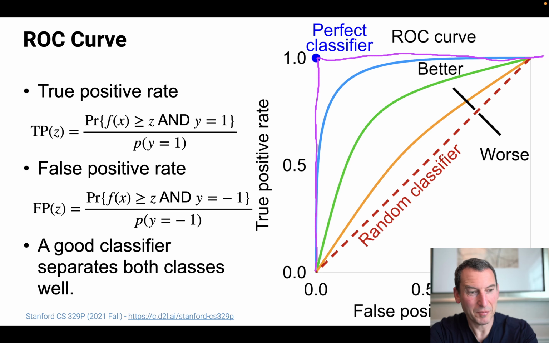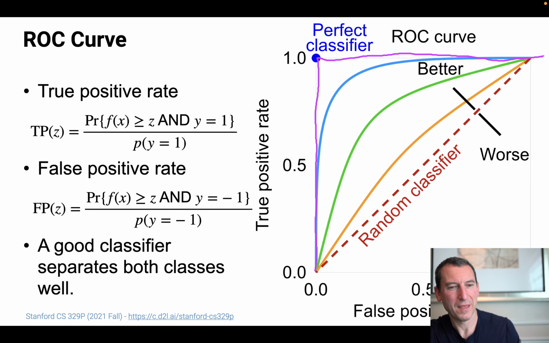You divide by the number of negatives there, because if you were to divide by the number of positives, you might get a rate that could exceed 1 or be less than 1, depending on whether the classes are balanced. Anyway, this is one metric, and it's very clear what's better or what's worse.